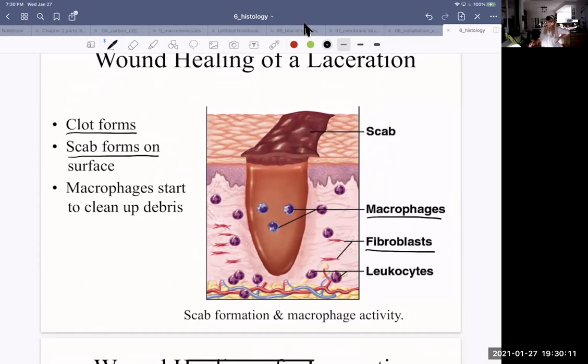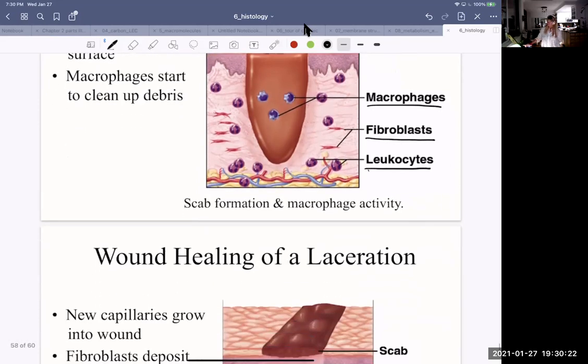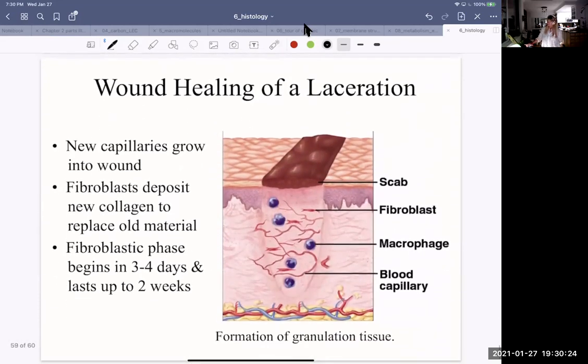Fibroblasts will secrete collagen, and leukocytes will also clean up debris. Then new capillaries grow into the wound. Fibroblasts will deposit collagen, and this phase begins about 3 or 4 days, but it can last up to about 2 weeks.